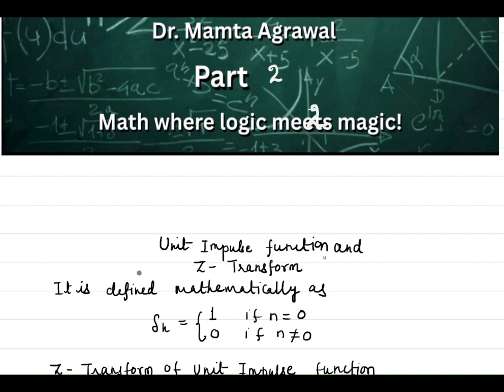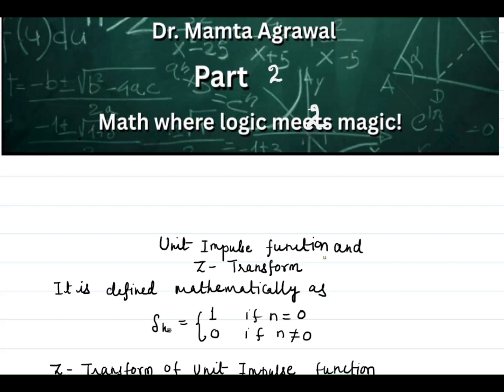In mathematics, if we are talking about the Z transform for the impulse function, which is the unit impulse function, it is defined as delta k, or we can also say delta n, equals to 1 or 0. Here you can keep any constant or variable like delta n, delta k, whatever we want.